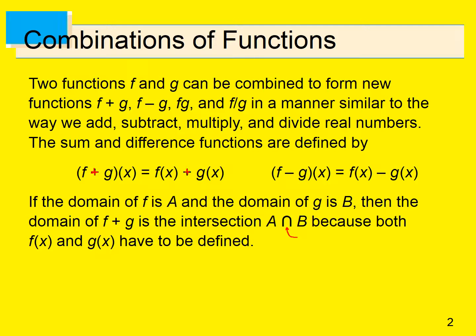This is the set of all elements of both A and B. So a thing has to be in A and it has to be in set B, both. And if it's in both, then it's in the intersection.